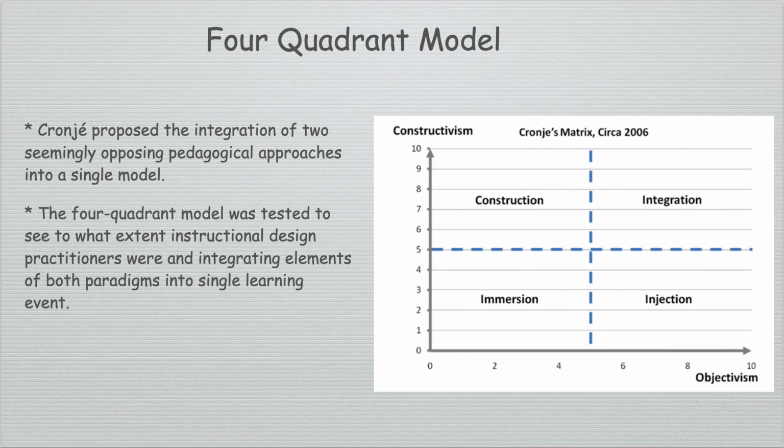He basically wanted to see how we can put objectivism and constructivism together. When constructivists and objectivists are placed at right angles is when the 4 quadrants emerge.